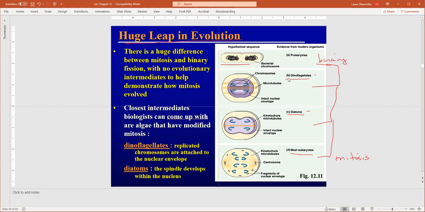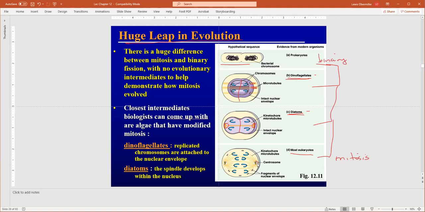So it's pretty simple. Dinoflagellates, the nucleus stays intact and the microtubules attach to the nucleus itself on the outside and pull the nucleus apart and divide it in 2. Diatoms have the centrosomes inside the nucleus. And so all the nucleus stays intact and all this stuff goes on inside the nucleus.